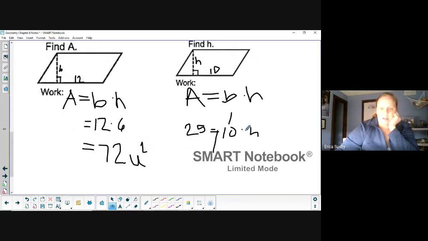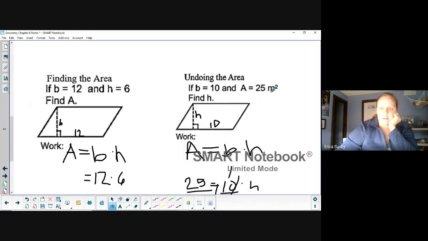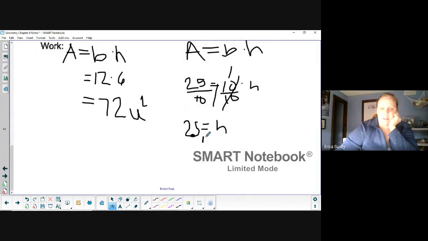And on this one, opposite of times by 10 is to divide by 10 on both sides. And 25 divided by 10 is 2.5. Now if I look back up, whoops, that's a 0.5. This one had an area of meters squared, so this label would be meters.